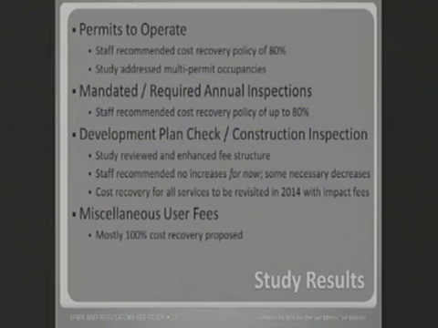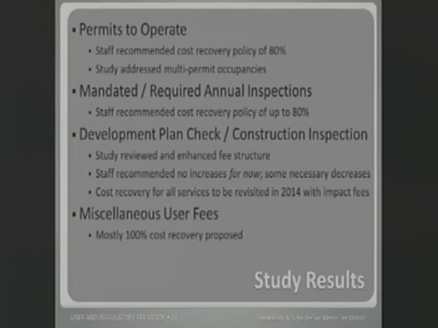And this is a breakdown of what those recommendations were once we went through them. So staff recommended a cost recovery policy of 80% related to permits to operate, and the study addressed the issues of multi-permit occupancy fees. Mandated and required annual inspections were also a cost recovery policy on average of 80%. And for development plan check and construction inspection, we reviewed and enhanced the fee structure.